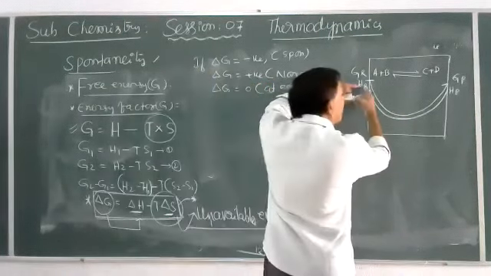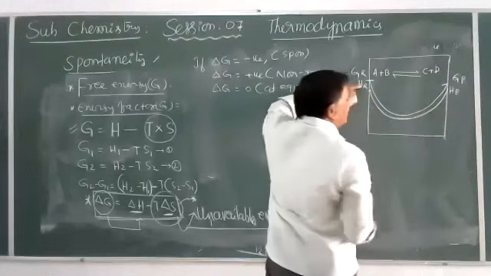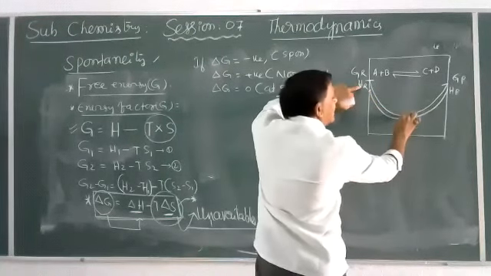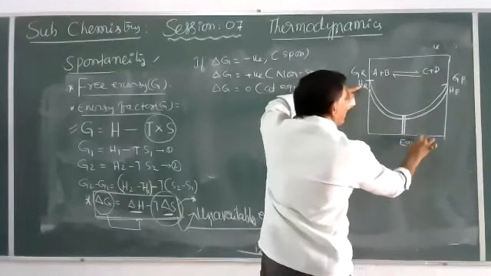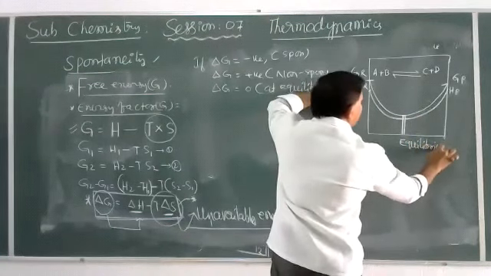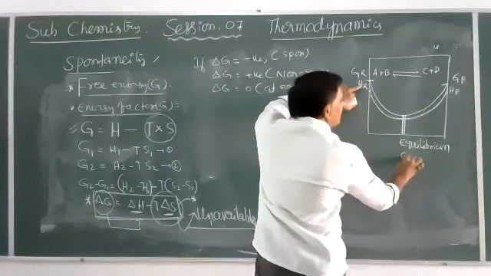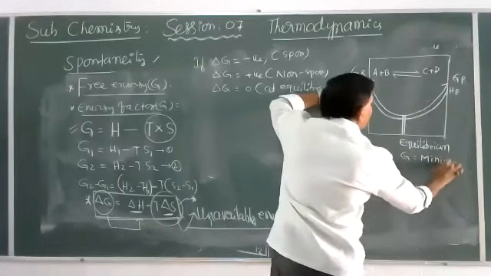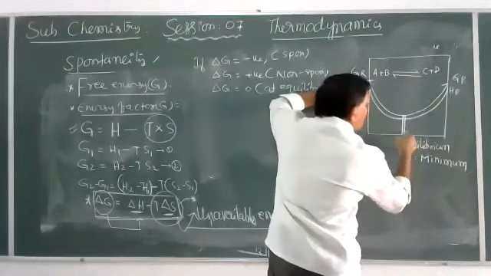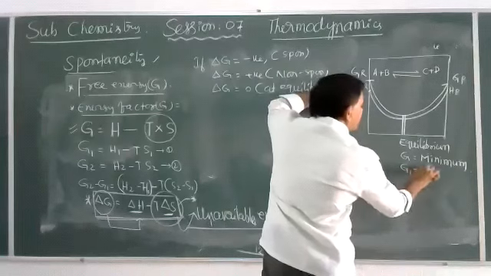While converting reactants to products in a chemical reaction, at a certain state, that state is called the equilibrium state. At the equilibrium state, G is minimum. So at equilibrium, G1 is equal to G2.